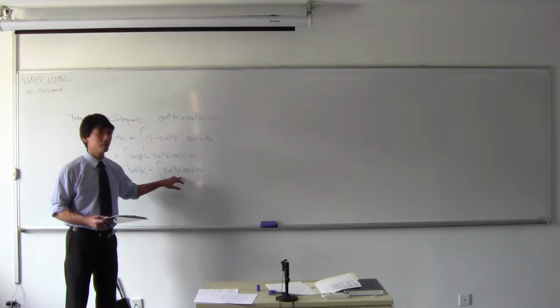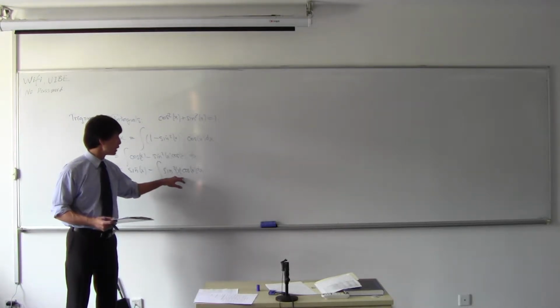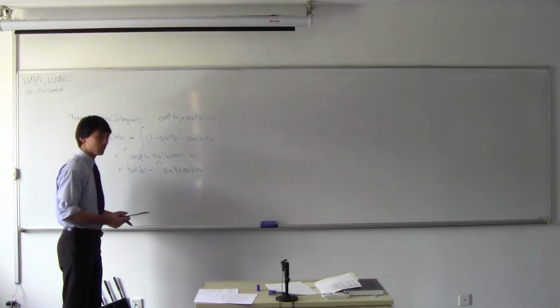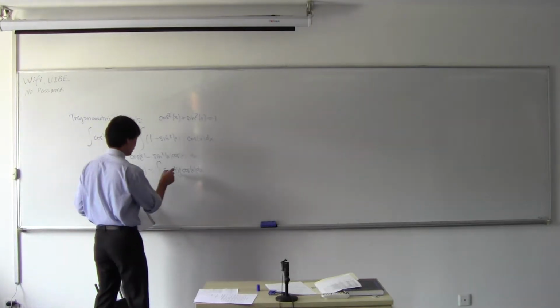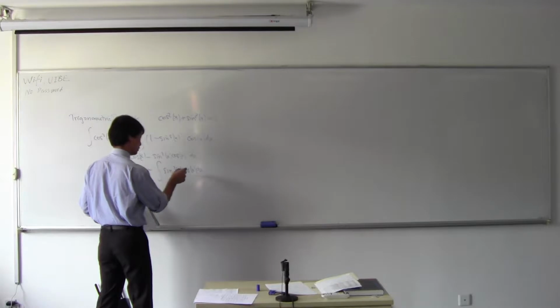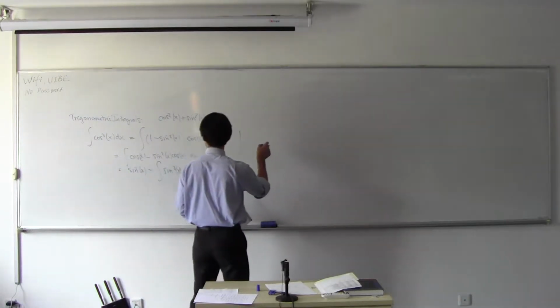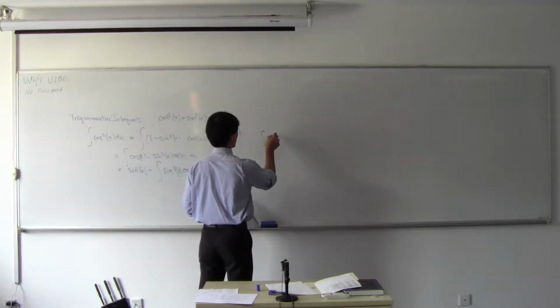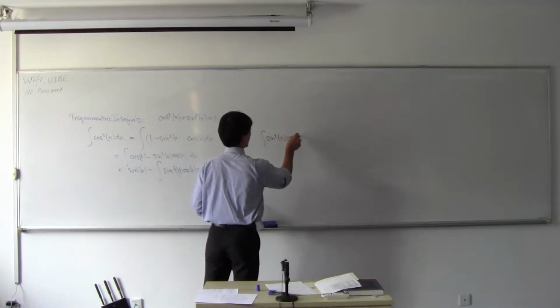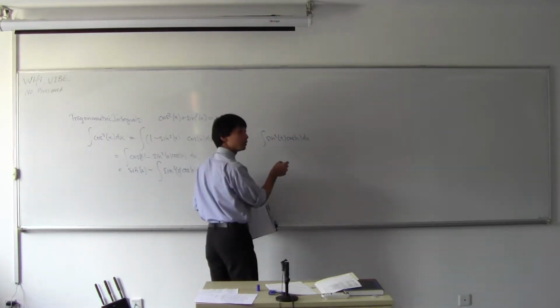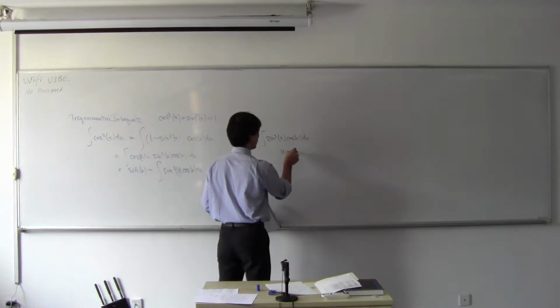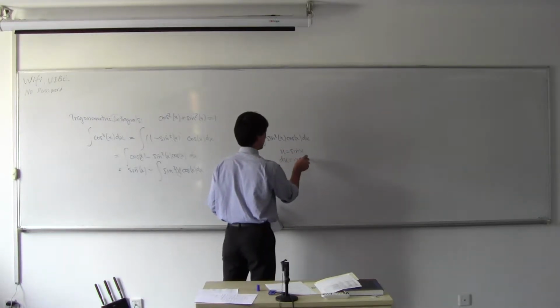How about you? One over 6 times sine x, let's see. So how did you do it? Let's take a look here. You did some sort of u substitution, right? What did you take as your u? u is sine x, du is cosine x dx.